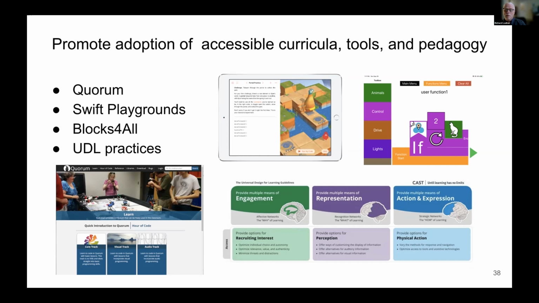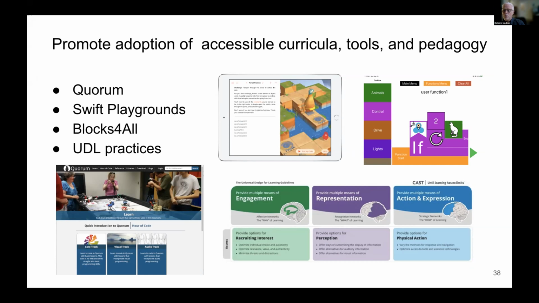But the Quorum language, which is a high-level object-oriented language that has a lot of libraries, is accessible. My colleague, Andreas Stefik, who I work with very closely, is the inventor of Quorum. It's basically been adopted by all schools for the blind around the nation, but it should be adopted even further than that.